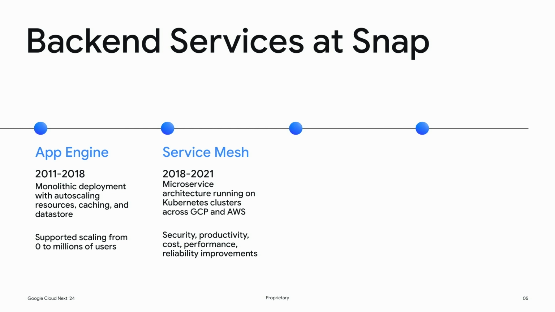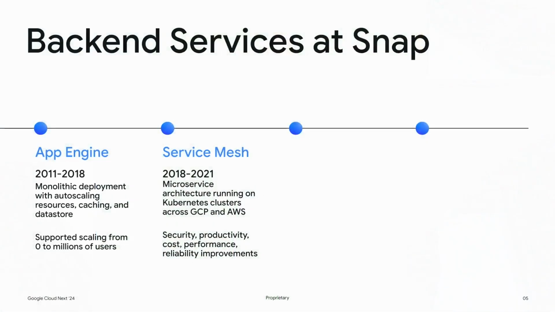So to start from the beginning, Snap started on App Engine. It was a great platform to bootstrap an idea and scale quickly to millions of users, sending and receiving snaps. However, over the 5 years into its life, Snap grew with multiple user-facing products as well as dependent backend services. As you all know, monolith architectures have limitations.